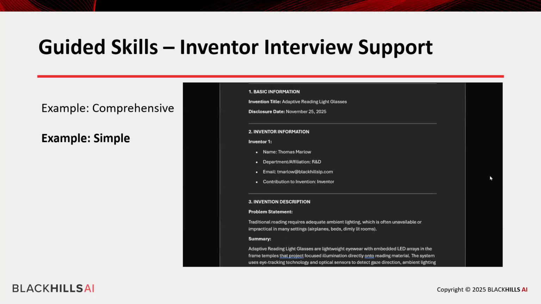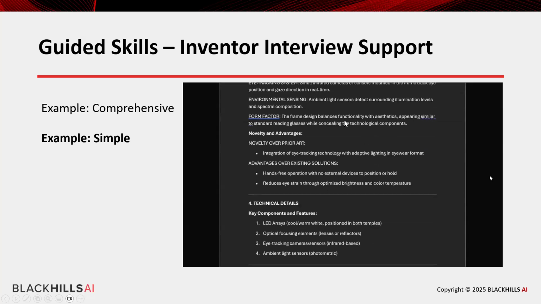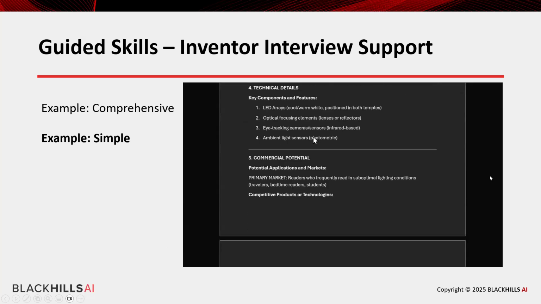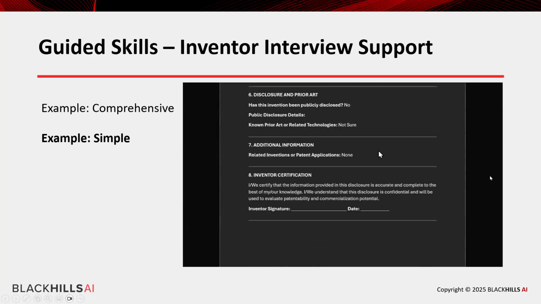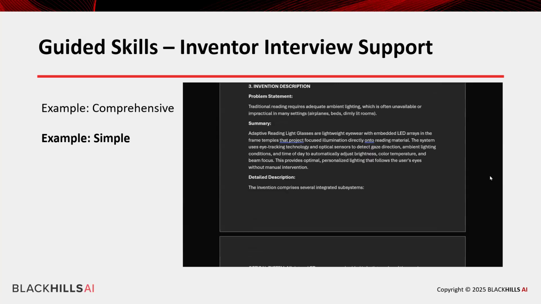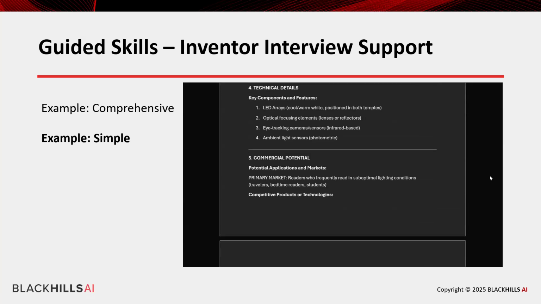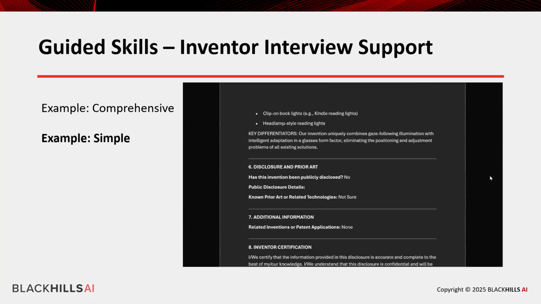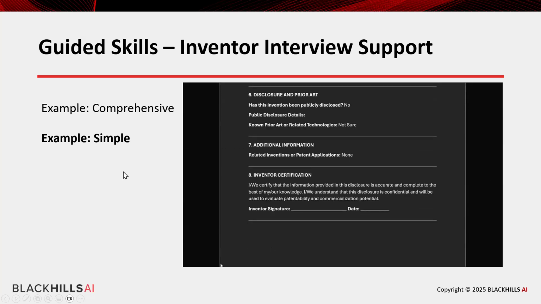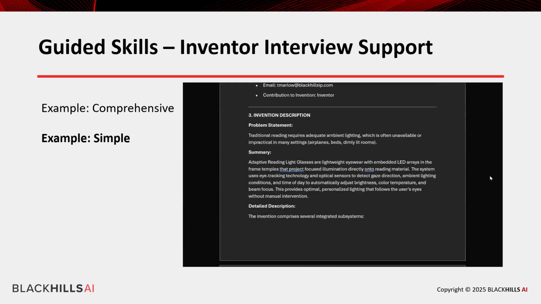In the second part, the simple one, you can see for comparison purposes, it's shorter, much less technical information, but still gives us enough to be able to drive the inventor interview process from, and for the Otto IP guided skill to be able to give us some nice analysis and interview guidance to work from.